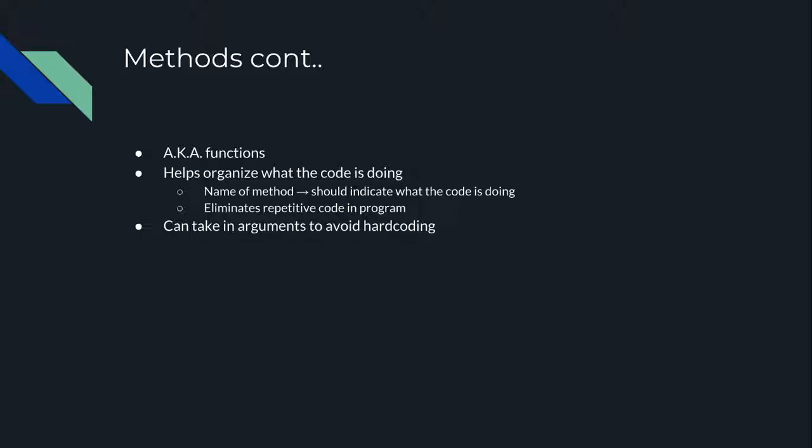We don't want to see 16 different lines of the same exact code. And we can also take in arguments so that we can avoid hard coding. Hard coding means when you actually put in real numbers, for example, so that it only works for one specific example and does not apply to another problem set.